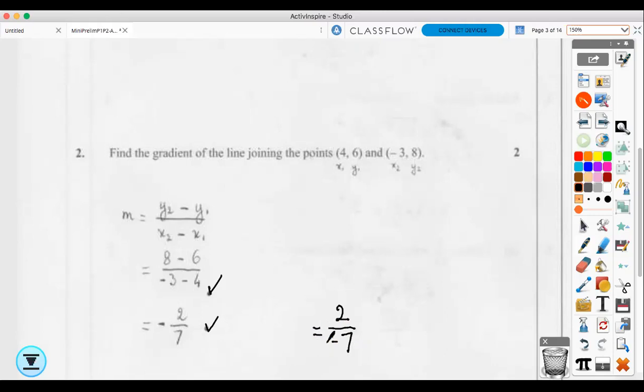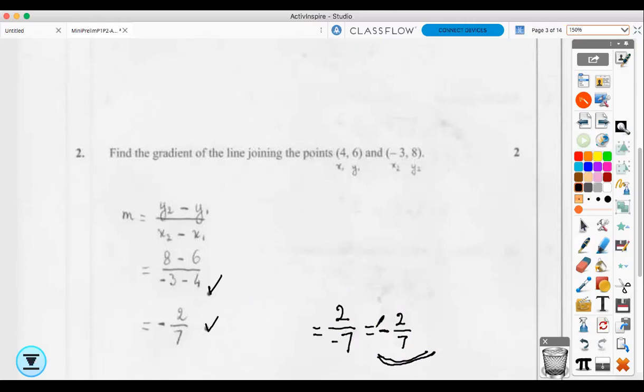I've seen some old papers where this mark was only given when you had written it as a negative fraction. I know it gives you the same value, but get into the habit, whenever you're going to write a fraction, put the negative sign.